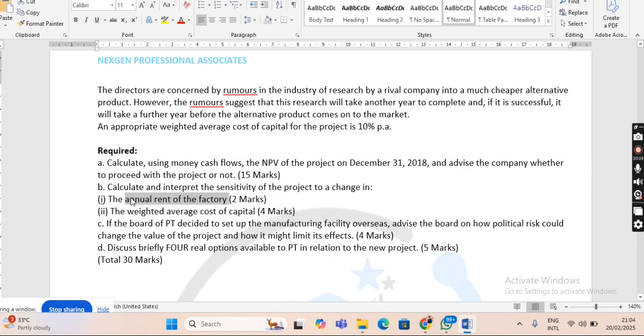So definitely they give us rent in this question. There is also sensitivity analysis of the weighted average cost of capital. If it changes, what will be the implication?